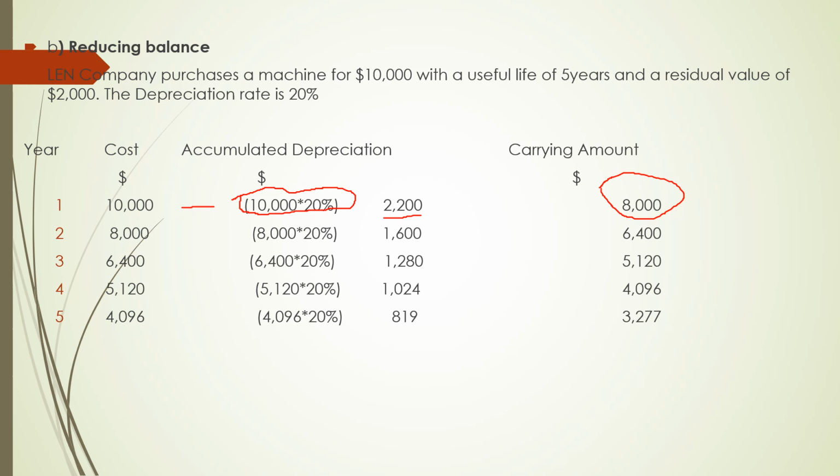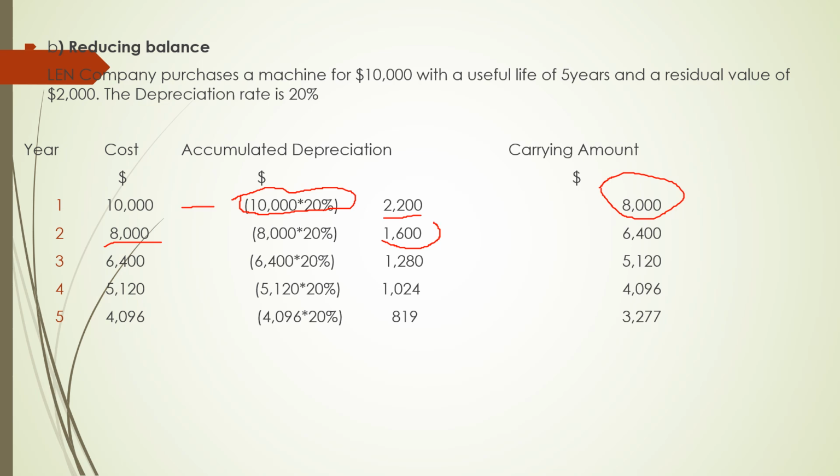So in year 2, we have our opening net book value to be $8,000. So now our current depreciation will be calculated based on this 8,000. So 20% multiplied by 8,000, this will give us $1,600.